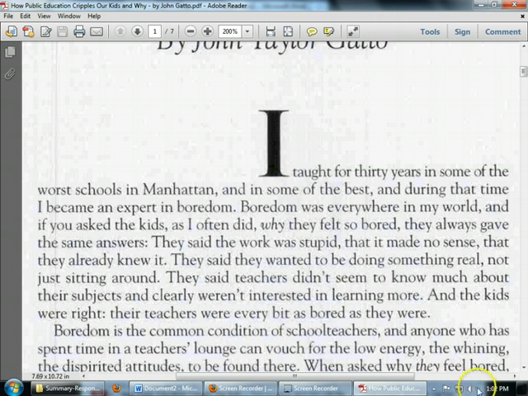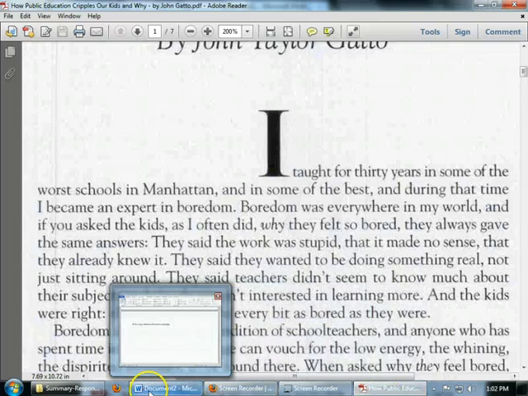So, if I want to write a gist statement for this paragraph, I want to think, what is the big idea that all these details, all these words are trying to convey? It's not anything about Gatto teaching for 30 years. That's just a minor bit about him. It's not just about the fact that the kids were bored, right? It's not just about the fact that the kids wanted to be doing something real, right? We have to read the paragraph as a whole and try to capture what is the gist of this paragraph, what is the main idea.